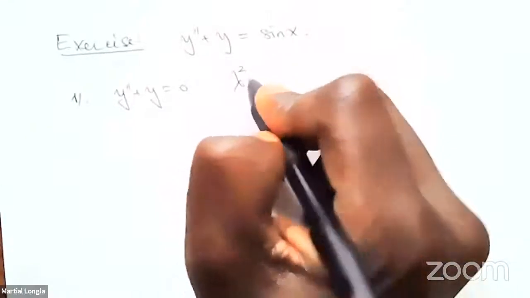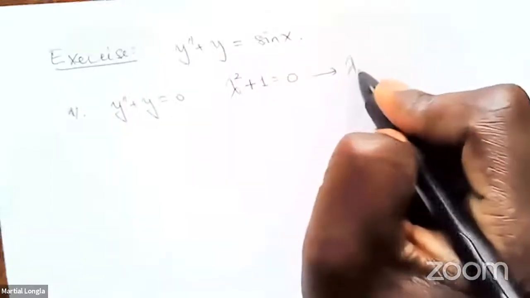So the Euler equation is going to be lambda squared equals -1, and then that's going to give you lambda 1 and 2 equals plus minus i.